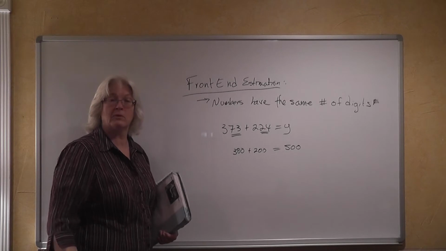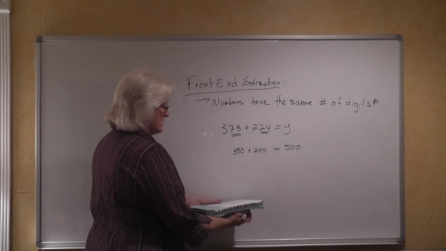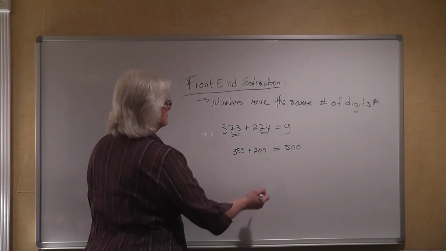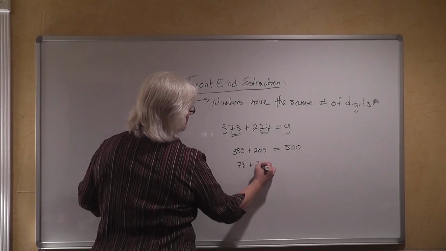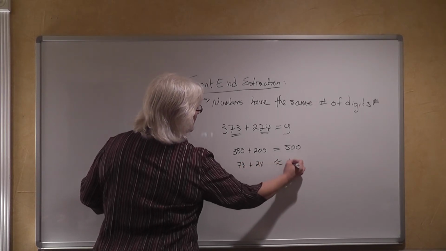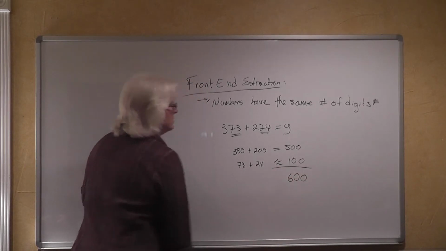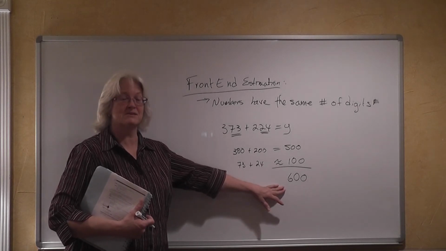73 plus 24, that's about 100, isn't it? And let's see what they do here. That's about 100. So using front-end estimation with this problem, we see that we have approximately 600.